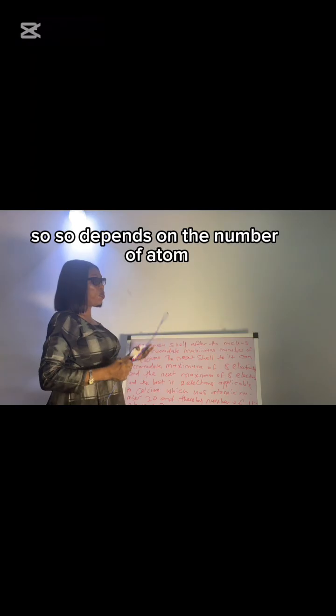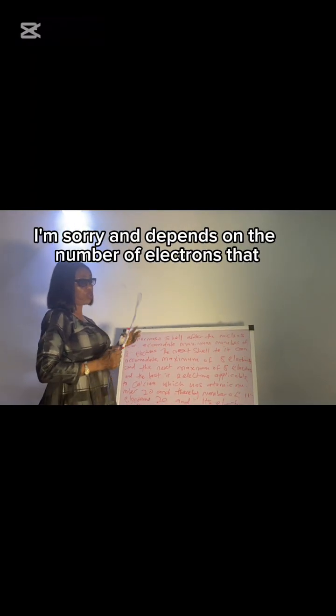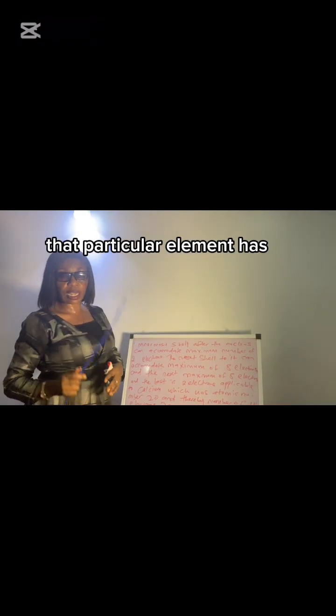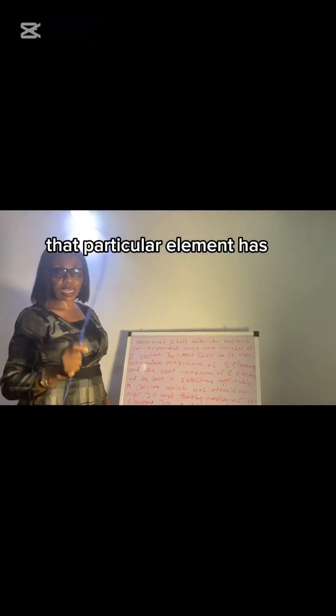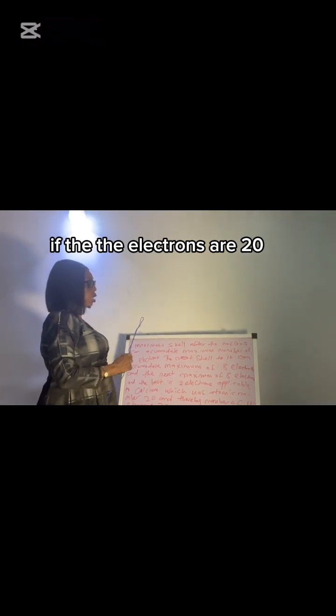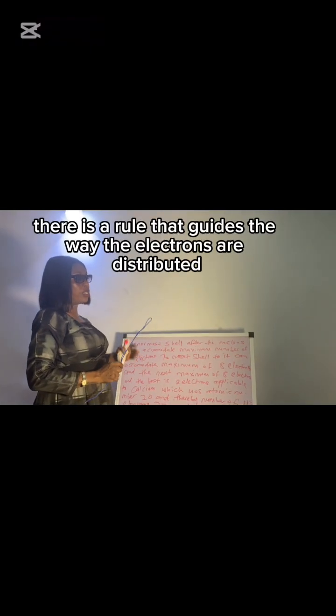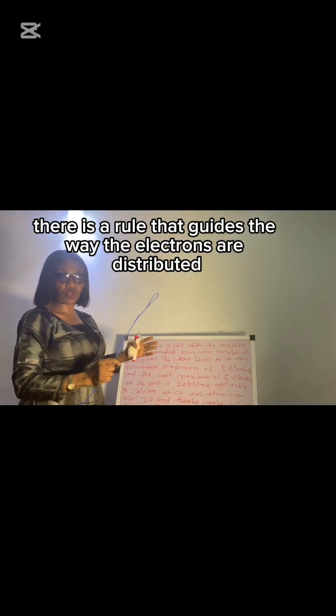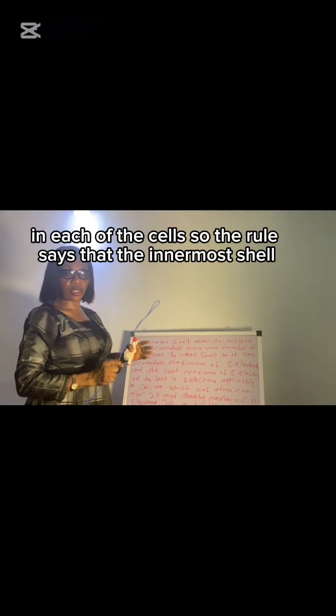It depends on the number of electrons that particular element has. If the electrons are 20, there is a rule that guides the way the electrons are distributed in each of the shells.